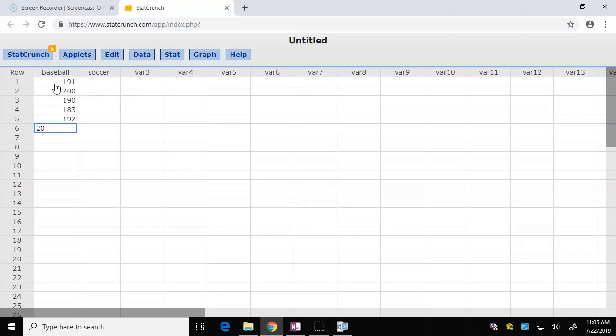Okay. 206, 188, 183, 211, 229, 229, 230, 197, and 171. There's more. 189 for baseball, 210, 201, 185, 187, 194, 204, 196, 187, 199, 192, 188.